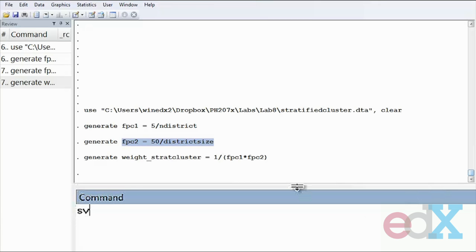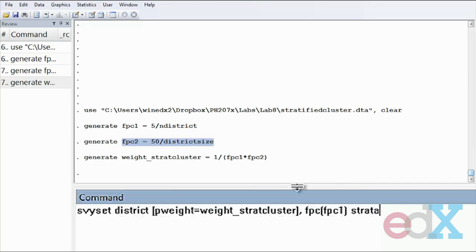Let's go ahead and svyset our data. Again, we're doing a 2-stage survey because we have 2 stages of sampling. At the first stage, our unique identifier is contained in the variable district. We need to specify our survey weights by saying pweight equals and the name of our weight variable. If you want to specify a finite population correction, we do fpc and the name of the variable.